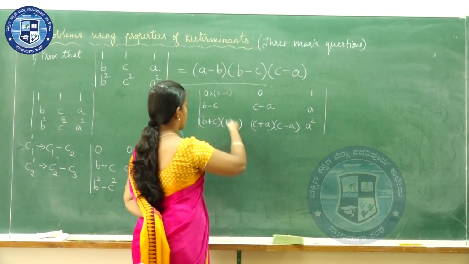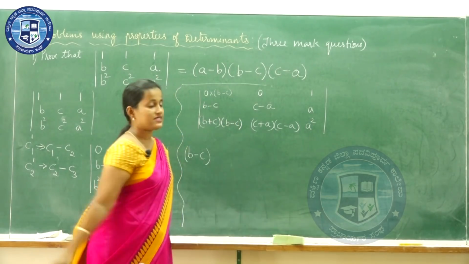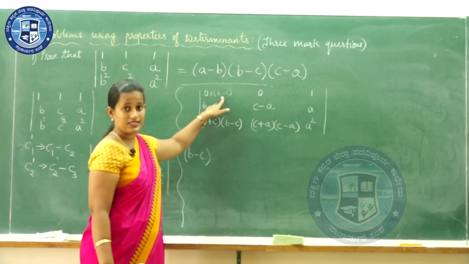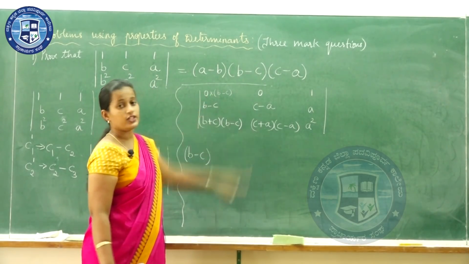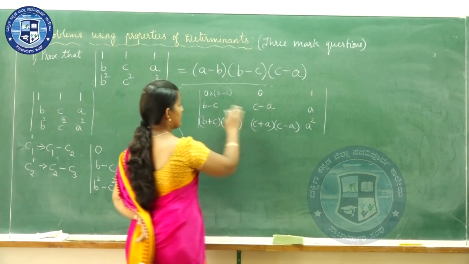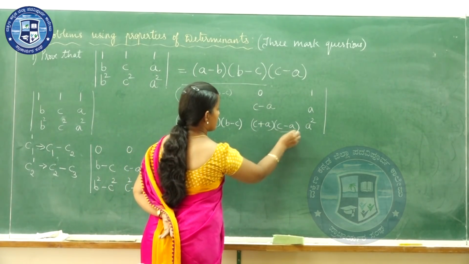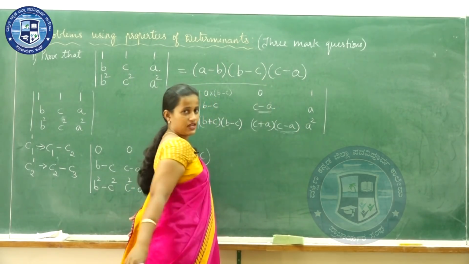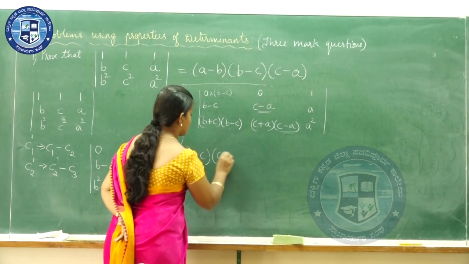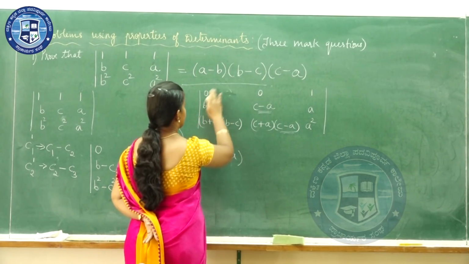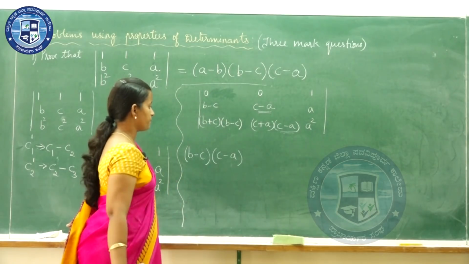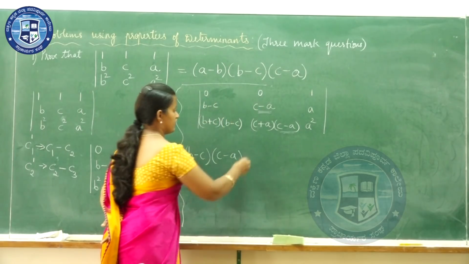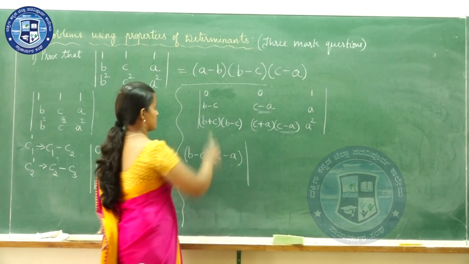Whatever you want to take common, if it is in the other two places, you can take it out, because you can assume that B minus C is present along with 0 in the form 0 into B minus C. Similarly here, C minus A, C minus A. So assume that it is 0 into C minus A. So take that C minus A outside. Now, you have taken B minus C and C minus A outside. Now, whatever is remaining, write as it is.